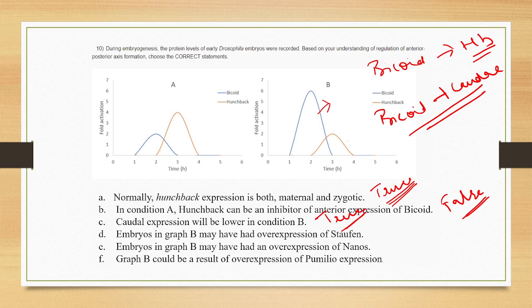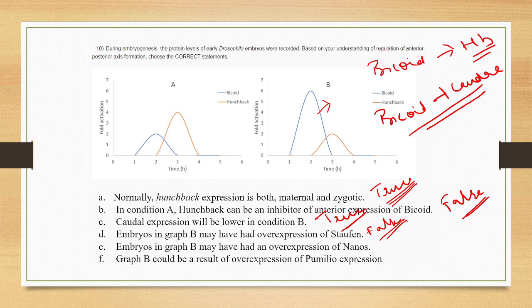Then, next is embryos in graph B may have an overexpression of staufen. So is it true or false? It is false. Why? Because this staufen is involved in the localization of bicoid mRNA.